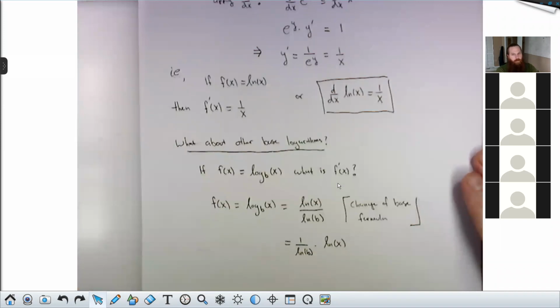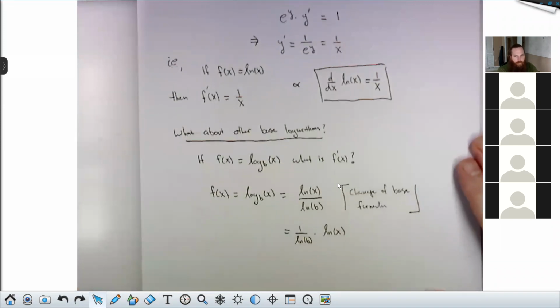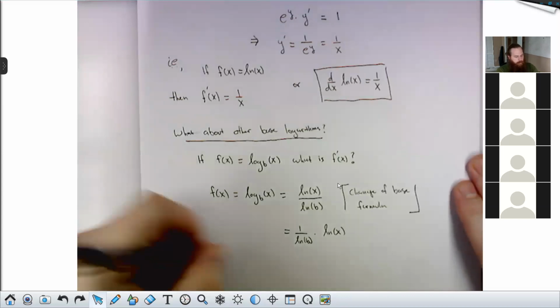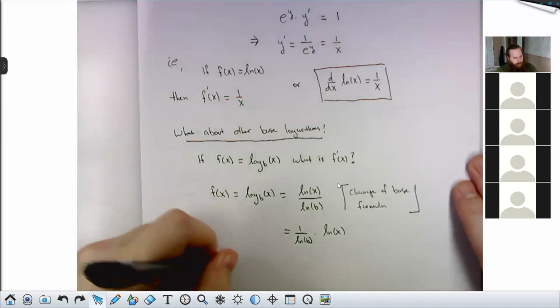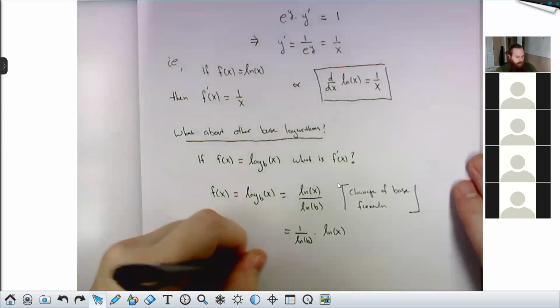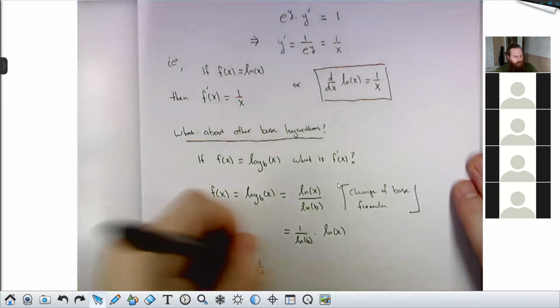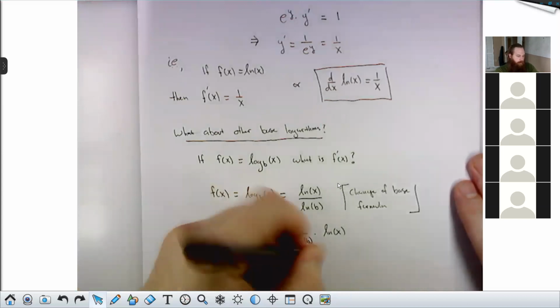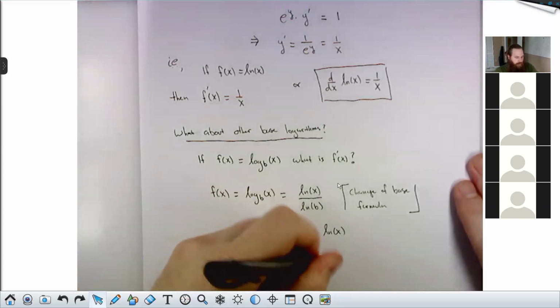That's just some algebra, right? Dividing by 3 is the same as multiplying by 1/3. Dividing by ln b is the same as multiplying by 1 over ln b. So now if I take derivatives, f prime of x is d/dx of 1 over ln b times ln x.